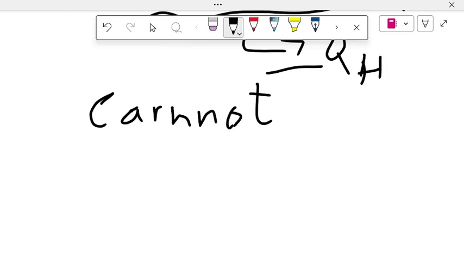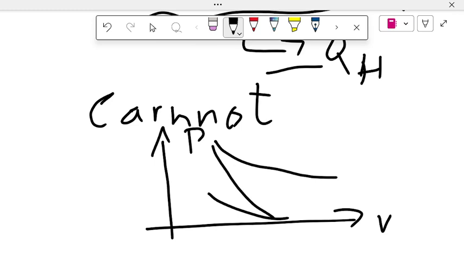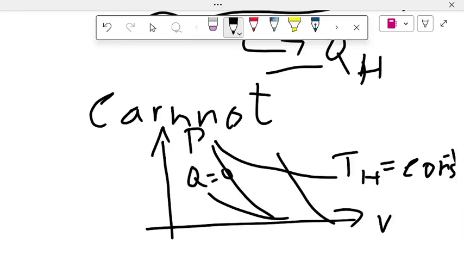But this cycle in P and V is something like this, but here is high temperature constant, here is 0, here is 0.